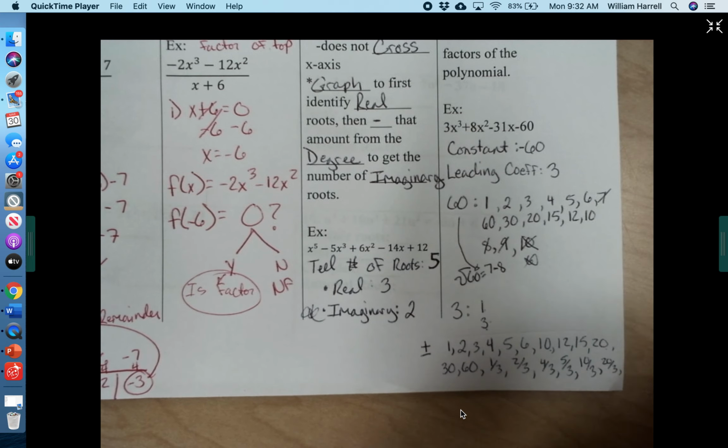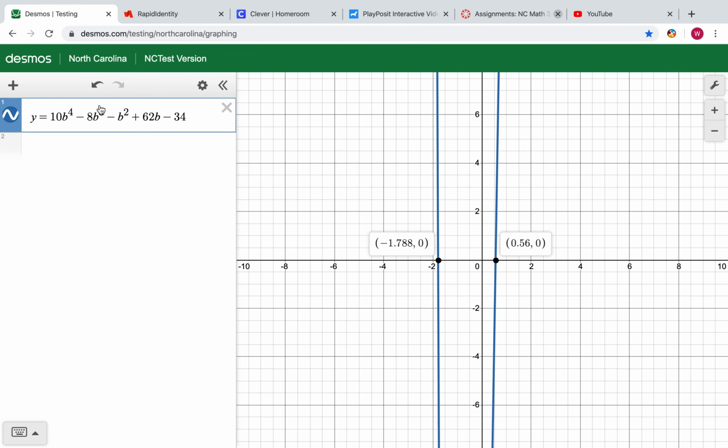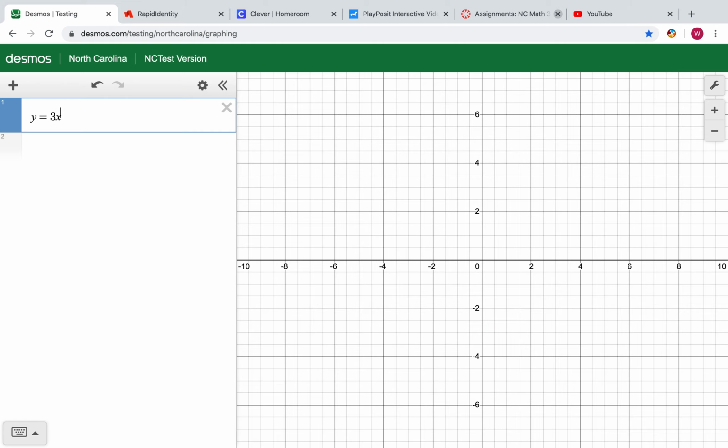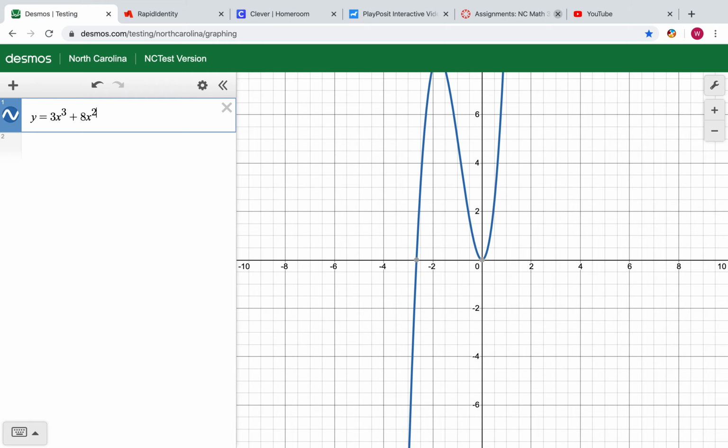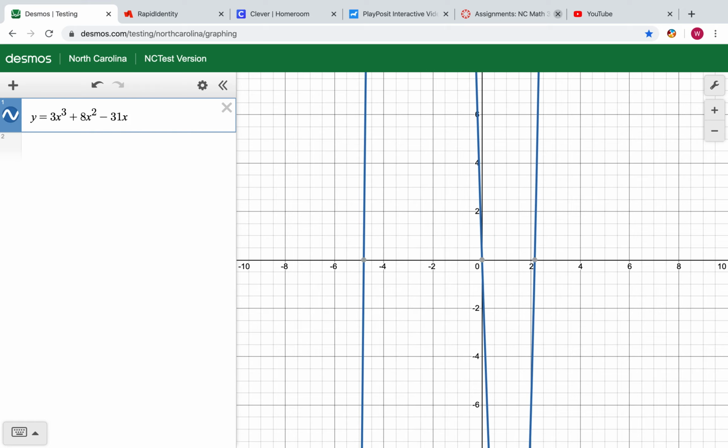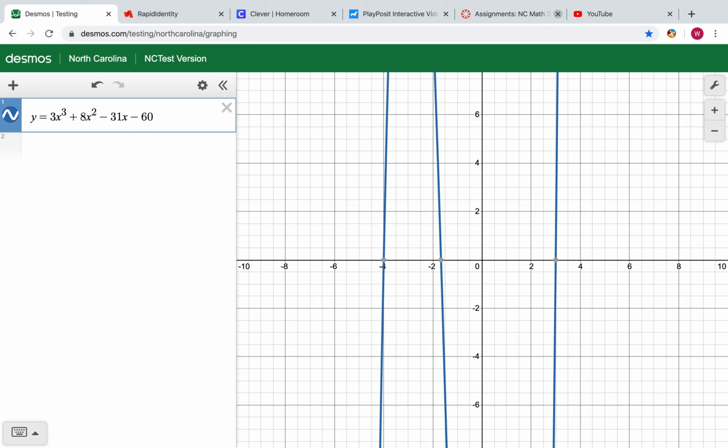The way I like to shortcut them is do this. I like to take my polynomial that I'm given and just go straight to y equals and type it in. 3x cubed plus 8x squared minus 31x minus 60. All right, and now what I'm going to have are my real roots.